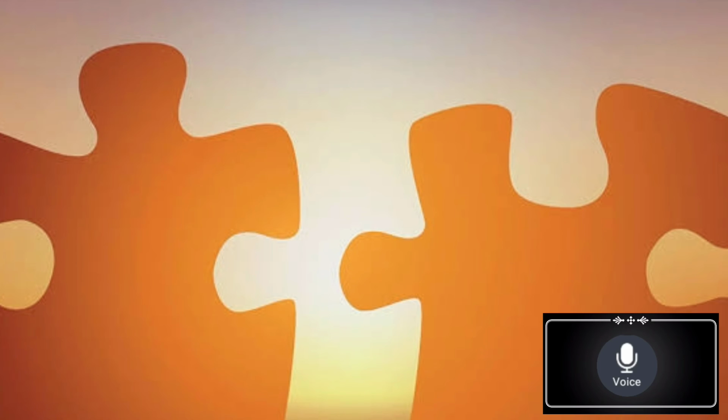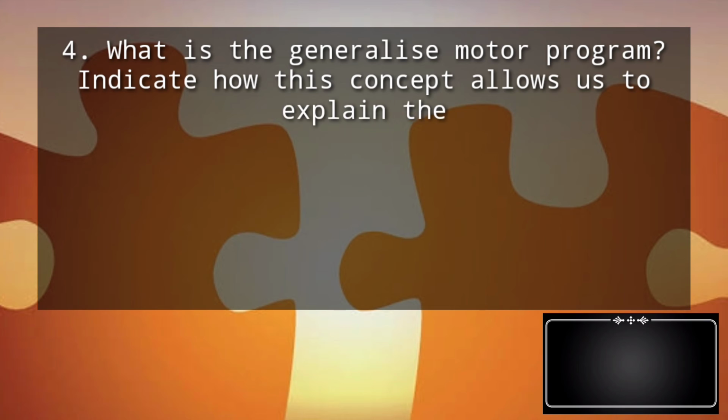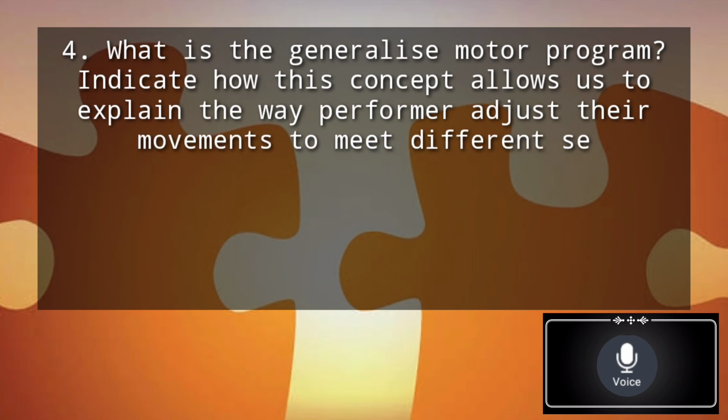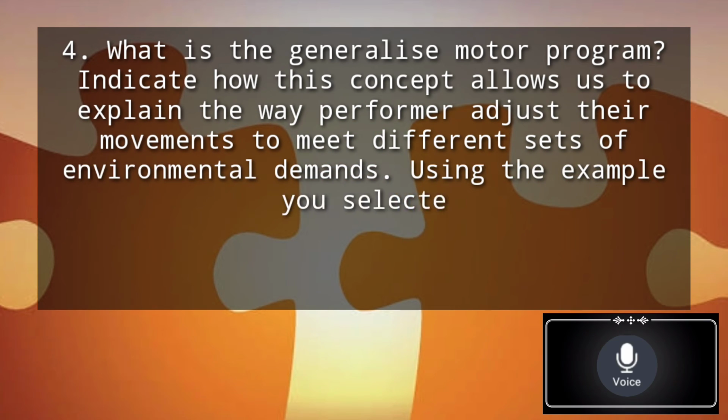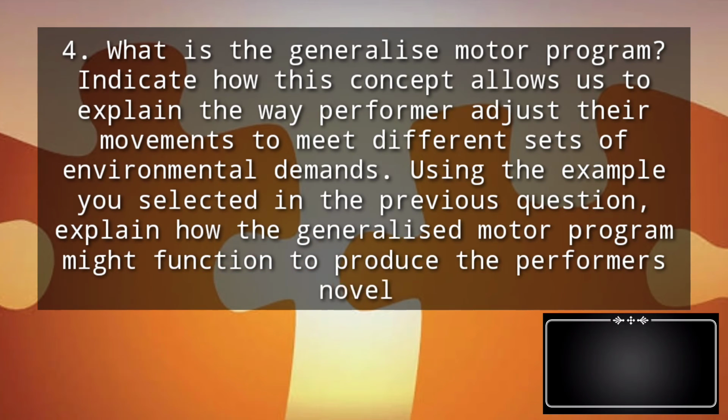For the last question, number 4, what is the generalized motor program? Indicate how this concept allows us to explain the way performers adjust their movements to meet different sets of environmental demands. Using the example you selected in the previous question, explain how the generalized motor program might function to produce the performer's novel movement.